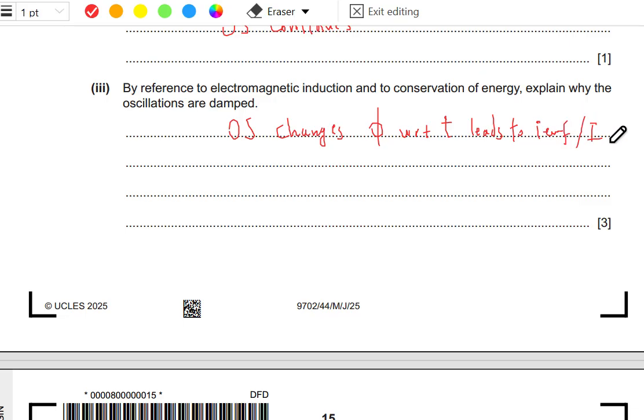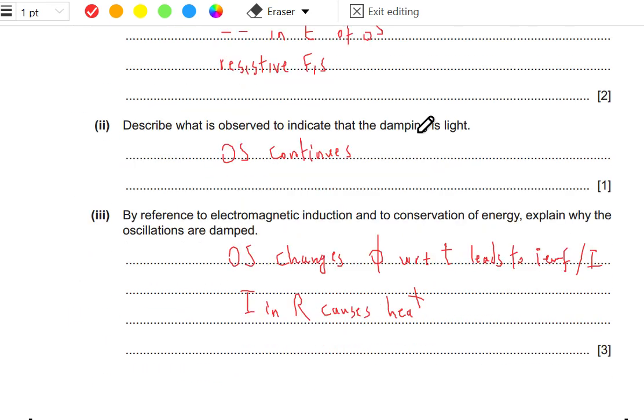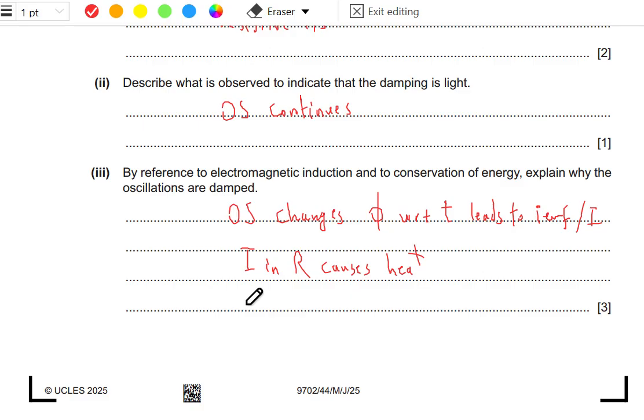Current in the resistor causes energy loss in the form of heat. Okay, the induced current in the coil, when it flows through the resistor, since the switch is now closed, will cause an energy loss in the form of heat, and certainly this energy is oscillation energy.